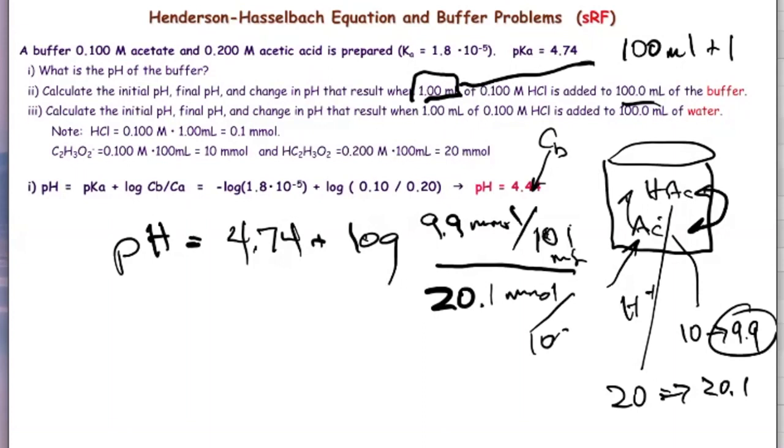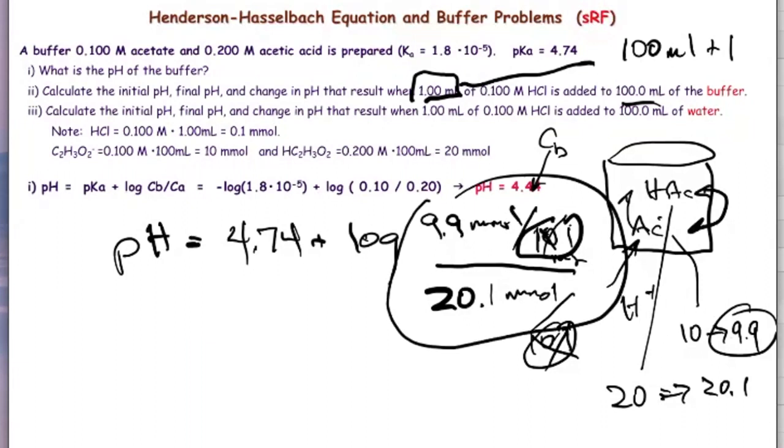What you see here right away is that the 101 will cancel out. And so it's really just 9.9 over 20.1. If you do that, this term will simplify, and you will get the answer for this problem.